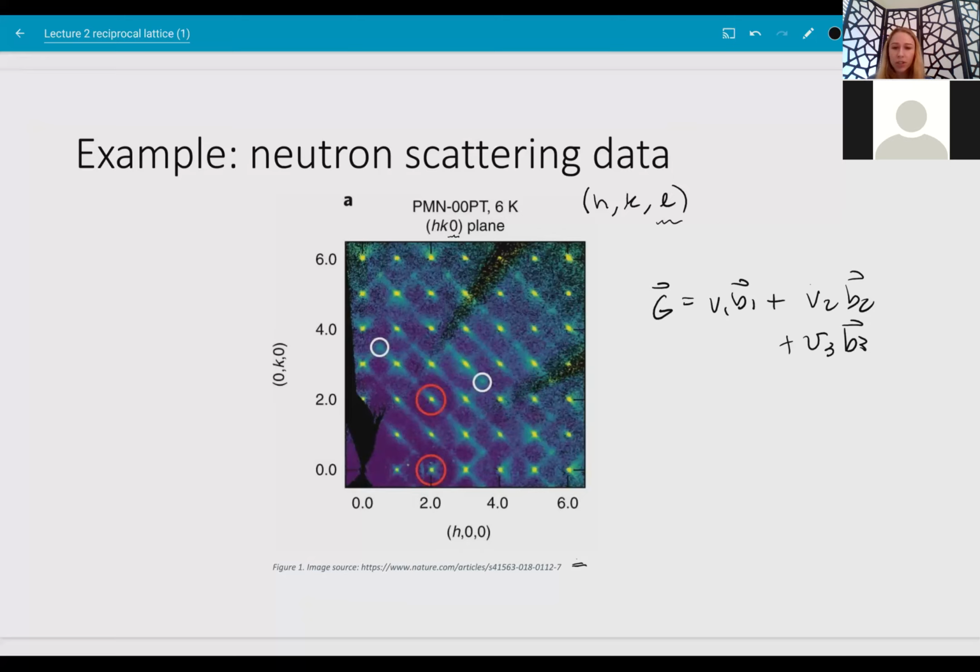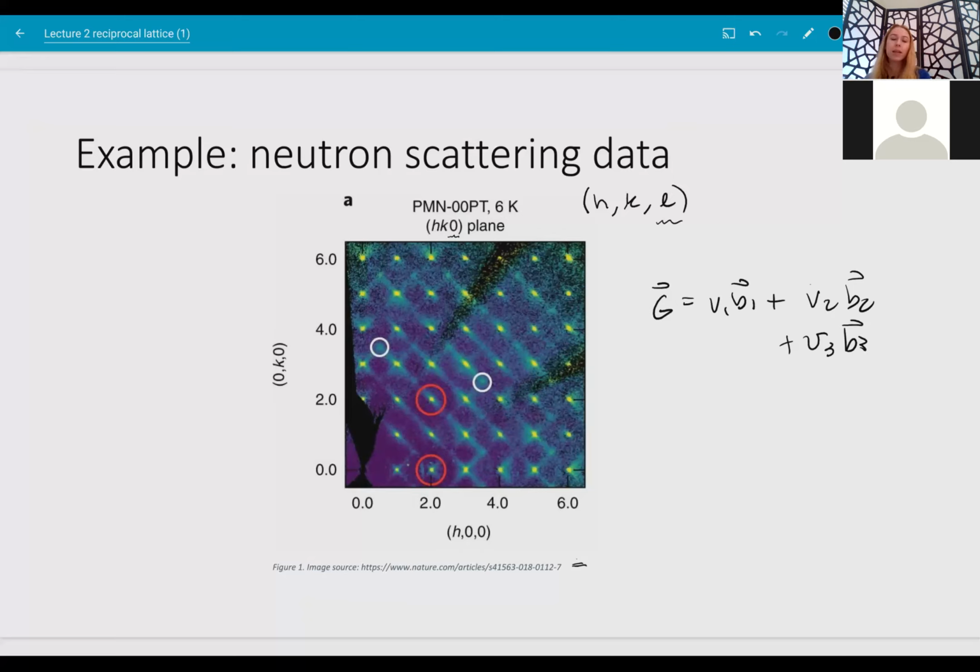However, there is some more structure they see, like these diagonal streaks that you can see in light blue. Basically, this additional structure on top of these bright reciprocal lattice points indicates that something else is going on, and that something else is what is explored in this paper. So this picture is just intended to be an example of how the reciprocal lattice can be a real object, in the sense that it is something that is directly measured by experiments.